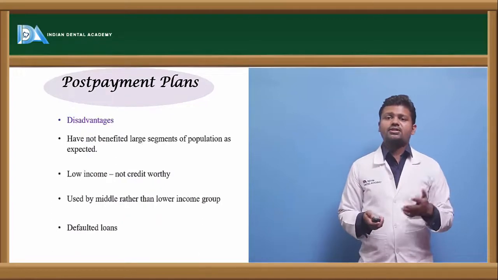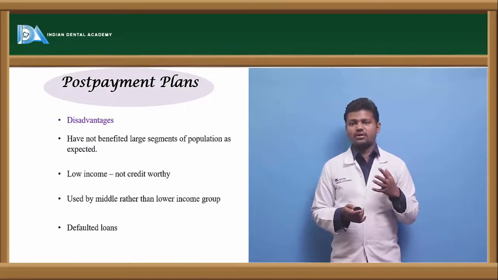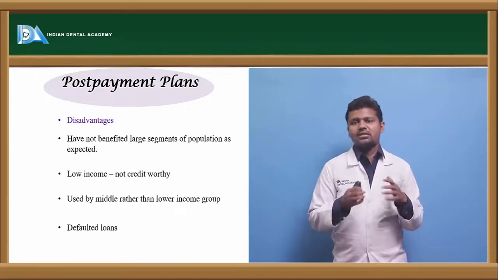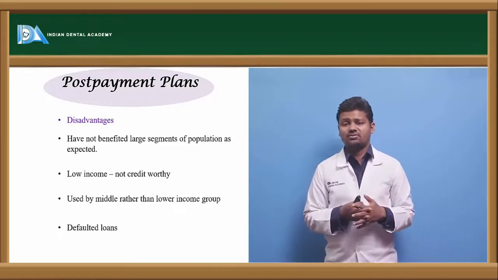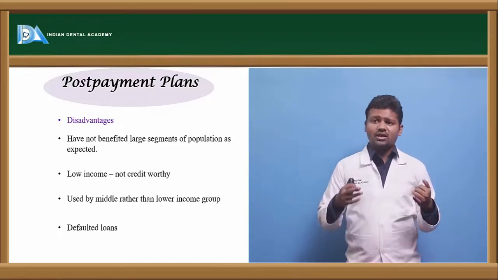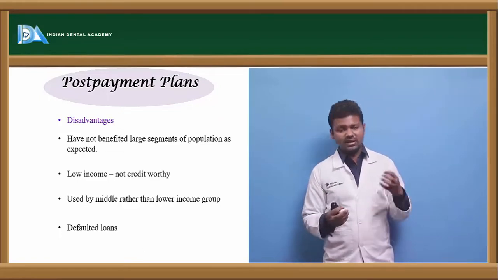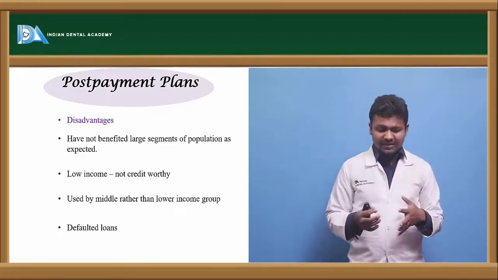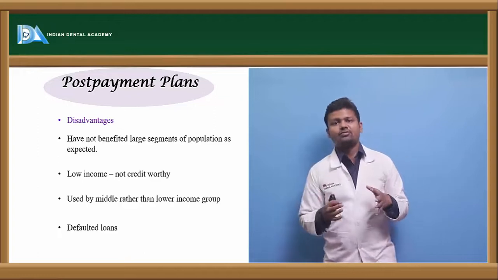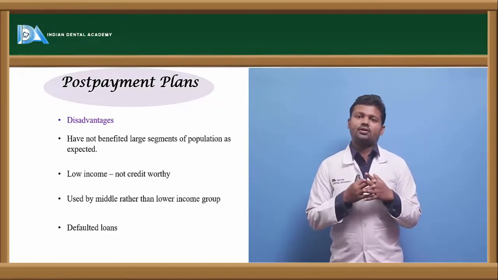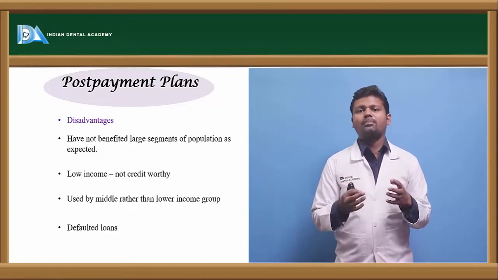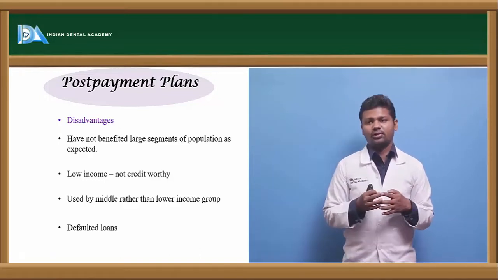Next are the disadvantages of that. In India, as I said earlier, 77%, it is a very big disadvantage. First, it has not benefited the last segment of the population as expected when this started. It doesn't benefit all the people living in rural areas.